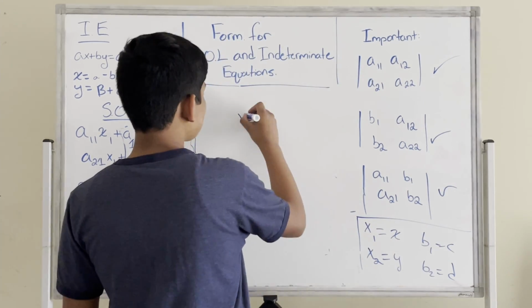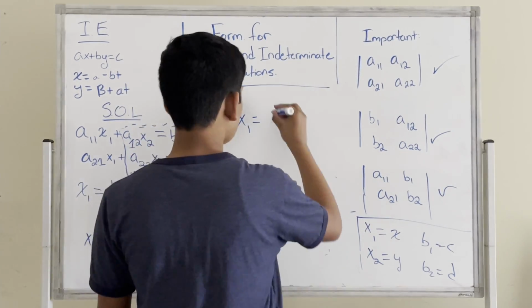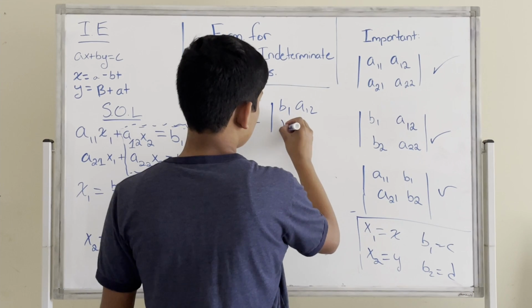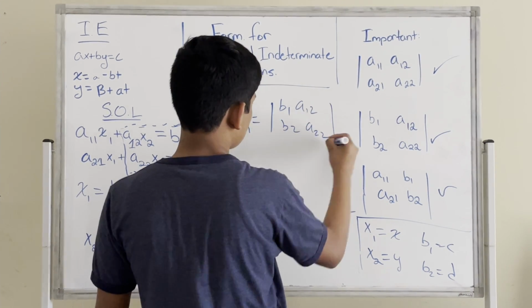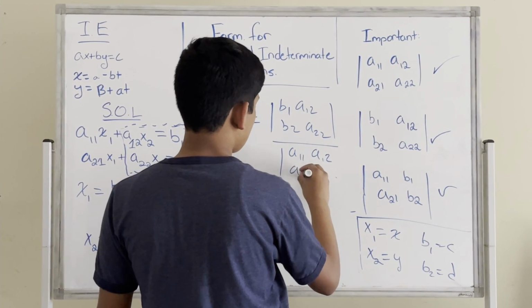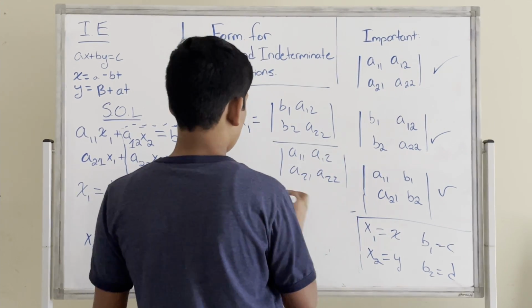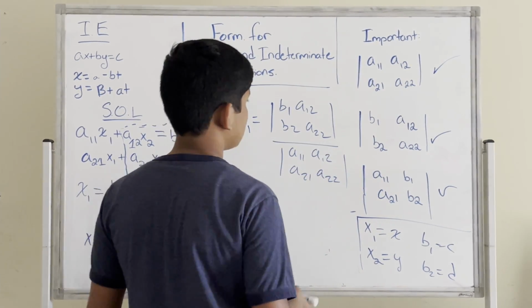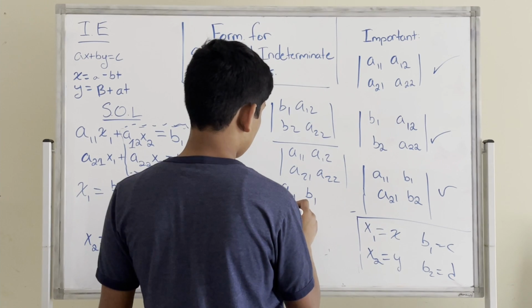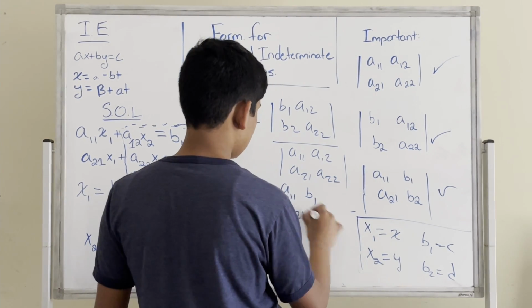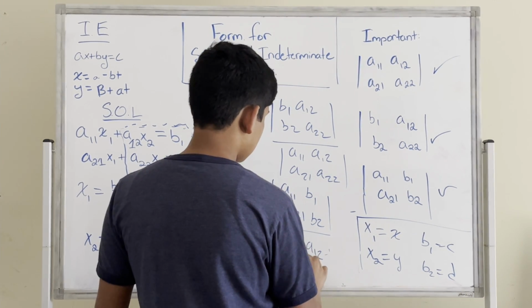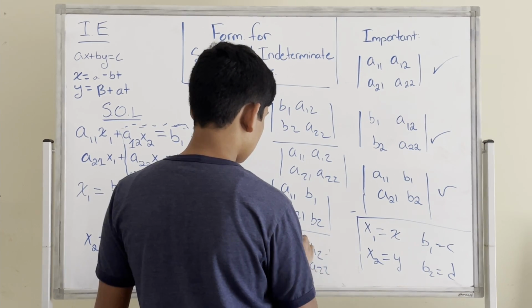We can even write x1 to be b1, a12, b2, a22, all over a11, a12, a21, a22, and x2 to be a11, b1, a21, b2, all over a11, a12, a21, a22.